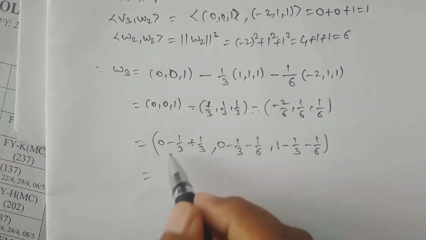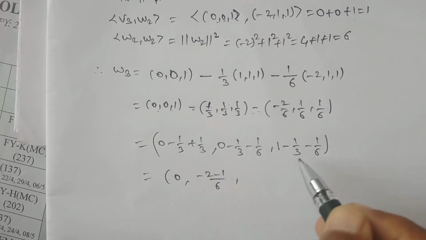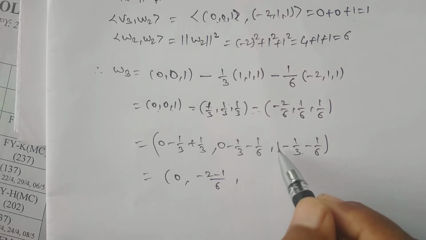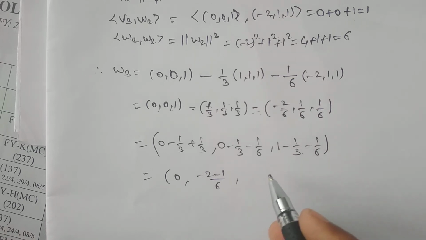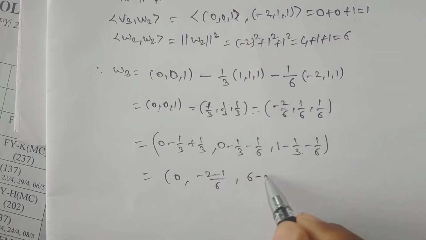So the first term we get 0. The second term we get minus 1 by 3 minus 1 upon 6, that is minus 2 minus 1 upon 6. And the third term, making the LCM 6, we get 6 minus 2 minus 1 upon 6.